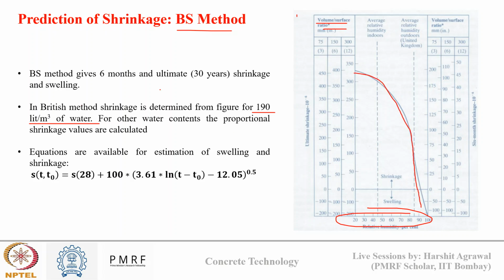Different water proportion shrinkage values can be calculated, corrected, but this chart is for 190 liter per meter cube of concrete. If this much water was used during concreting, at what relative humidity, what will be my ultimate shrinkage strain, that is given in this chart.